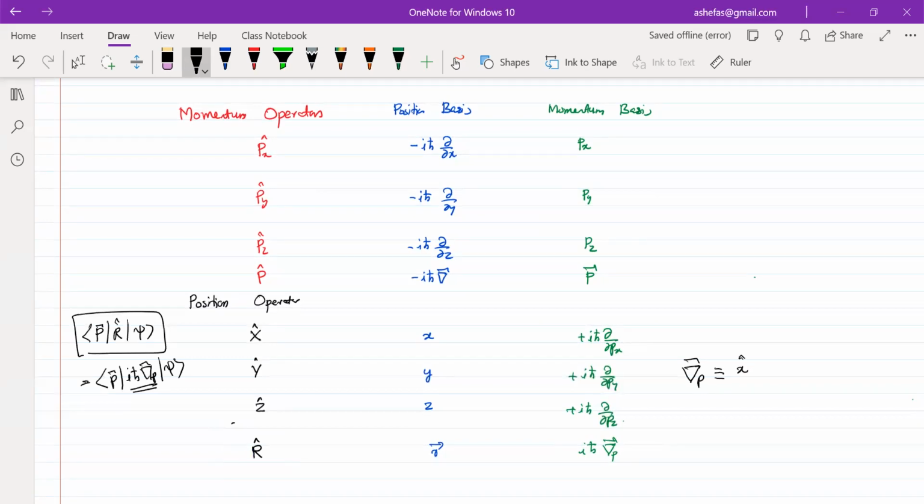It is x̂ ∂/∂px plus ŷ ∂/∂py plus ẑ ∂/∂pz. And the symbol ∇ is x̂ ∂/∂x plus ŷ ∂/∂y plus ẑ ∂/∂z.